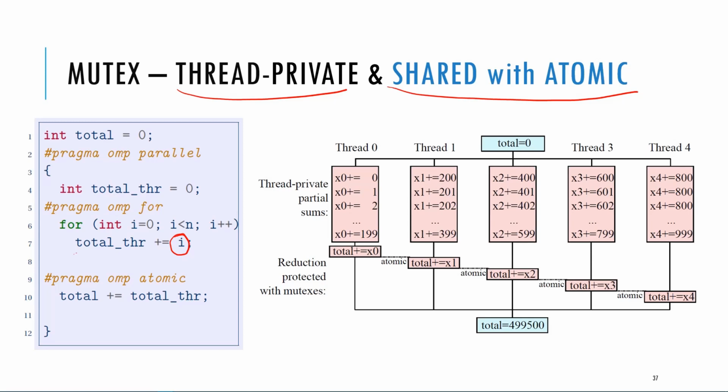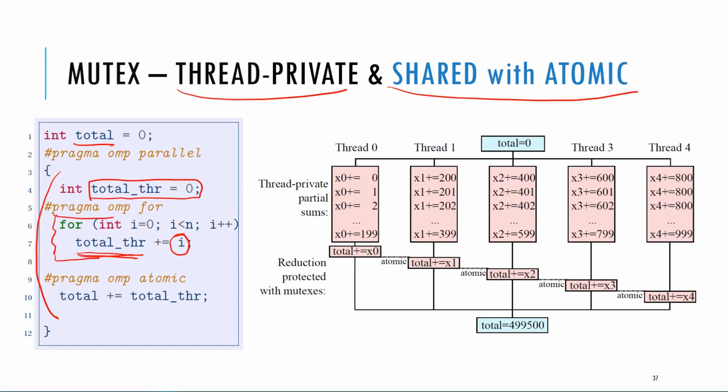Okay, so we're defining two different totals: a global shared total, in which we will have the final total of all the summations, and a private partial total that we are calling a thread total or total per thread. So defining it inside this pragma omp parallel zone, we're using a for loop to accumulate the summation of the values of i's inside the local private total per thread.